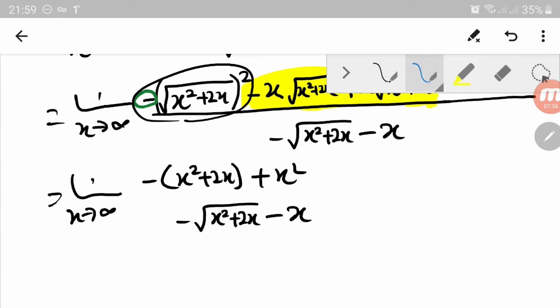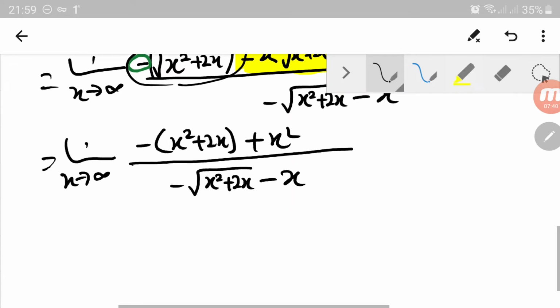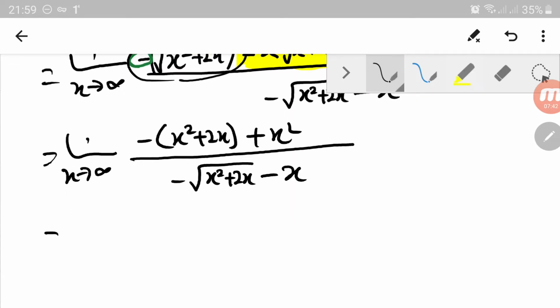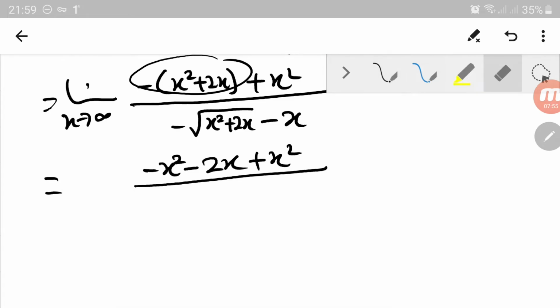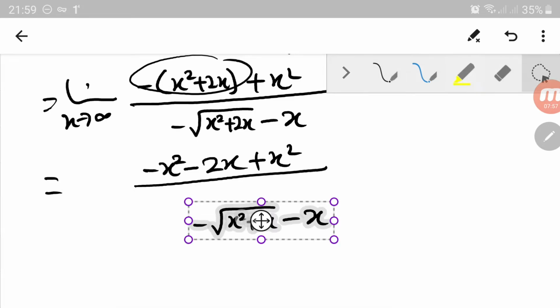Now I expand this whole lot, and then minus x squared plus minus 2x plus x squared. And then this one I copy paste already.